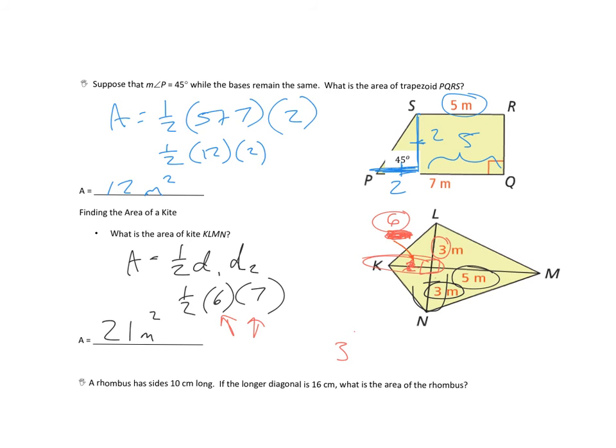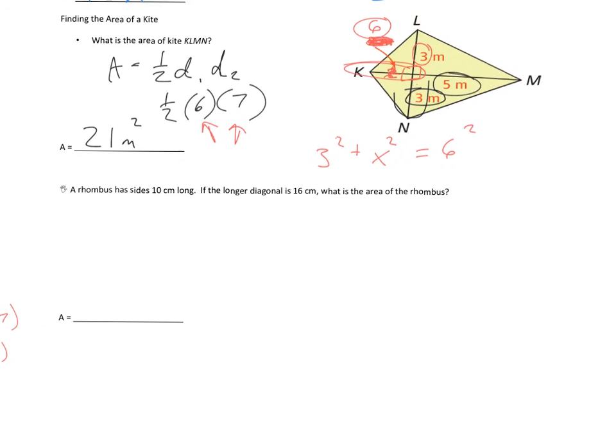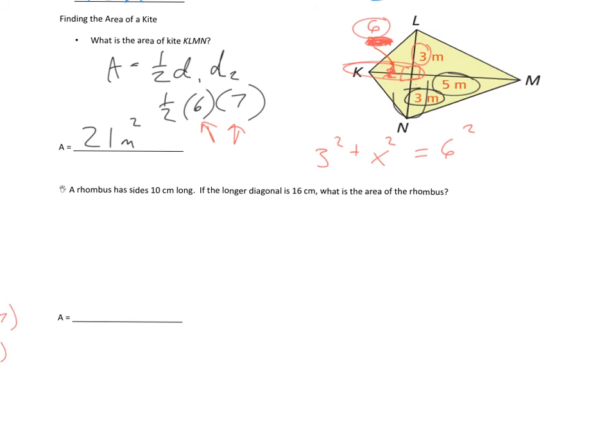Because these are all right angles. 3 squared plus that missing value squared equals 6 squared. So we could sometimes be not given every piece of information we need in a straightforward manner, and so we have to use the Pythagorean theorem or trig or some other stuff to figure out the values that we need for our formula.